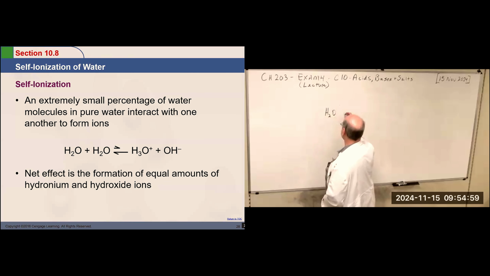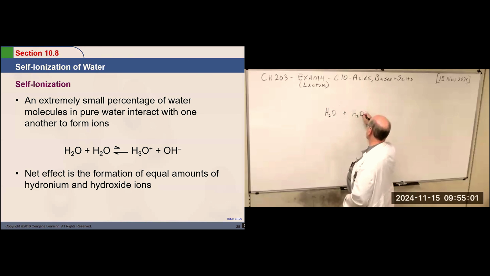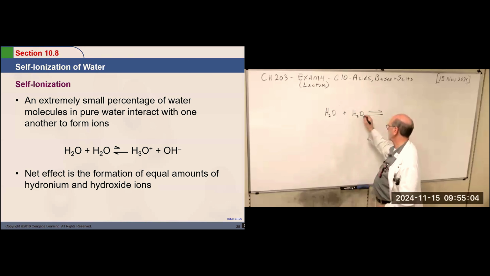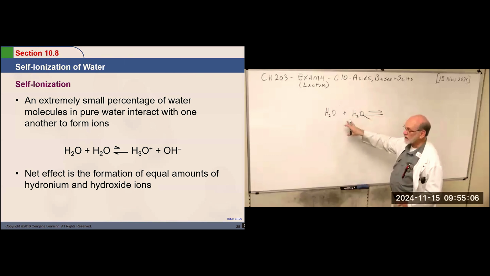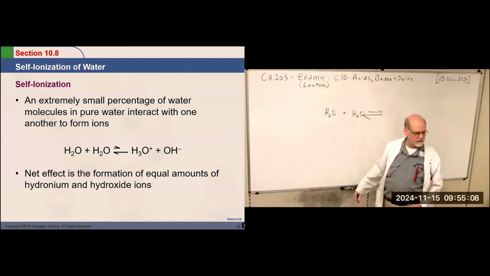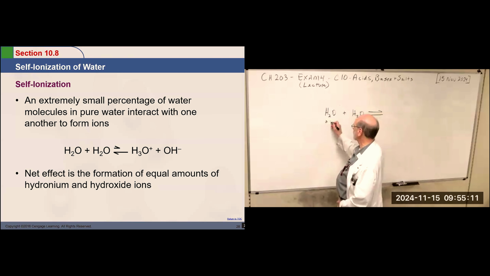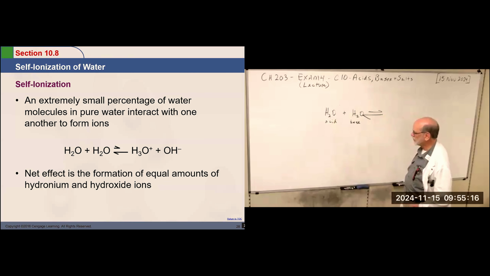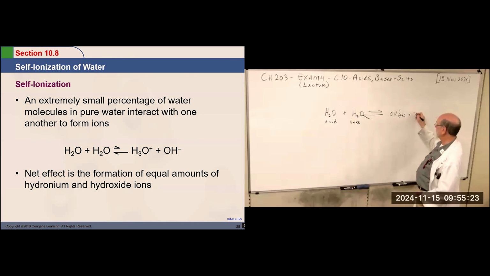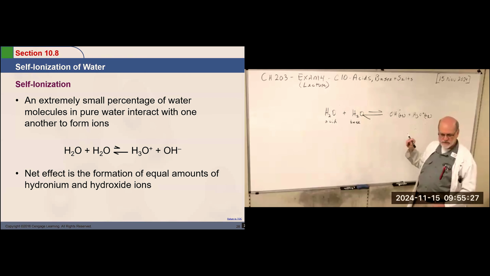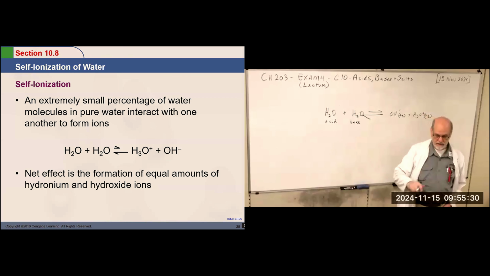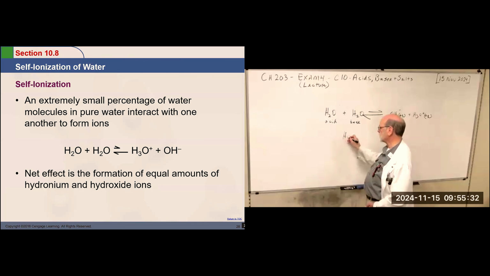You have one water molecule here, another water molecule here, and one of them is an acid and the other is a base. Take your pick. We'll call this one the acid and this one's the base, which means that was the proton donor, right? And it leaves you this. It lost a proton. And this one picked the proton up. That's known as self-ionization.